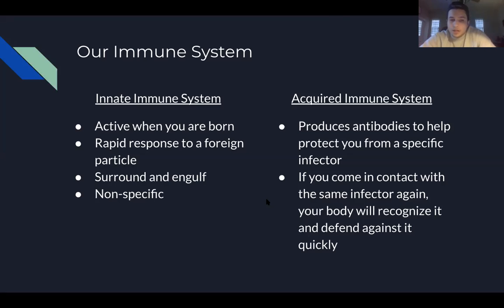And the unique quality of the acquired immune system is that when you come into contact with the same pathogen again, your body will recognize it and defend against it quickly because it developed these memory lymphocytes and particularly antibodies against that infector.